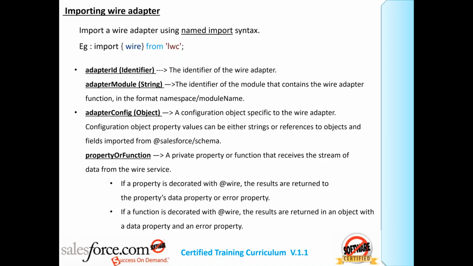It consists of a total of 4 elements. Number one, adapter ID, also called the hyphen identifier. It's a unique number. Every time you call a wire, one unique ID will be generated.